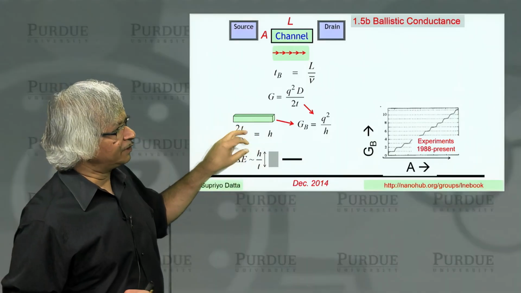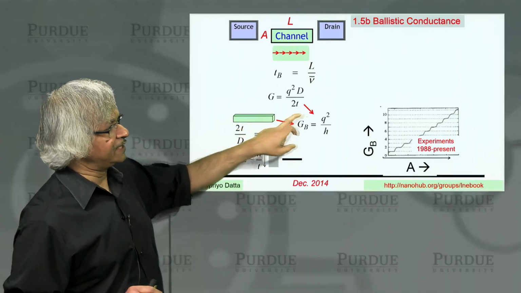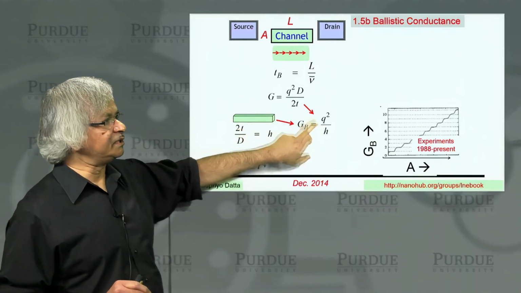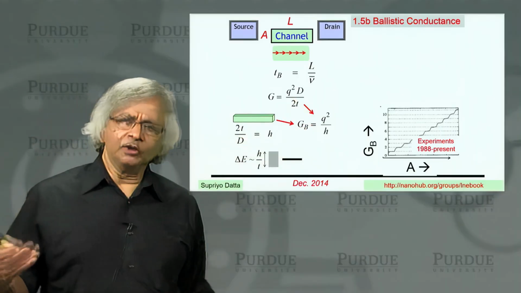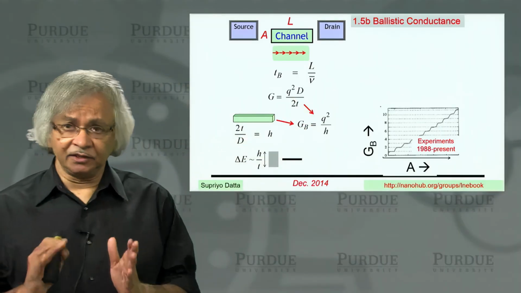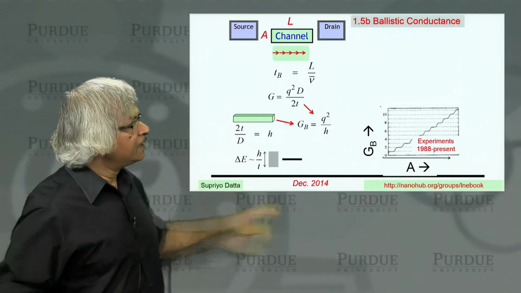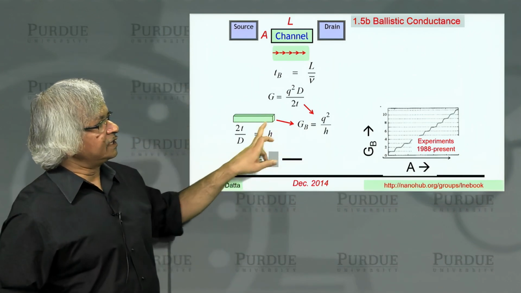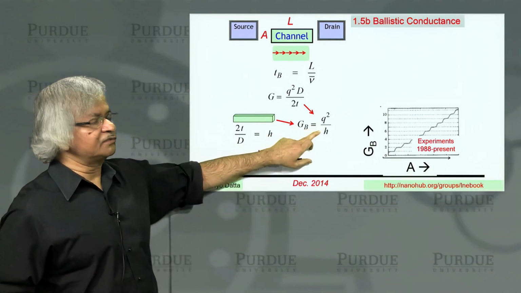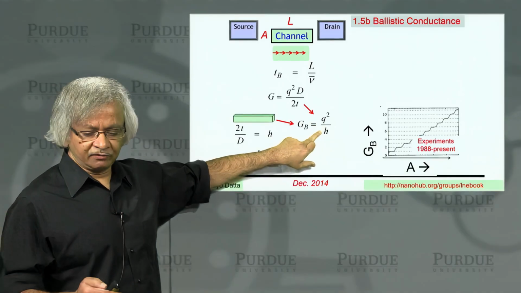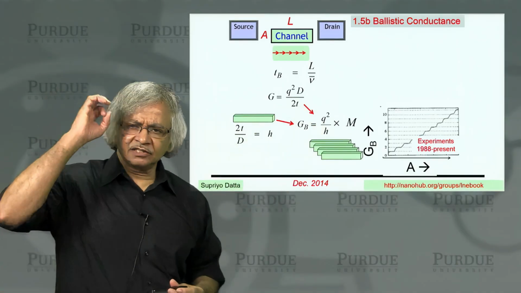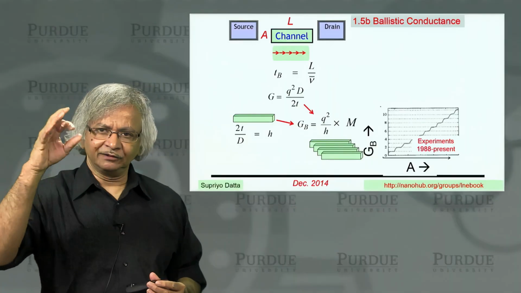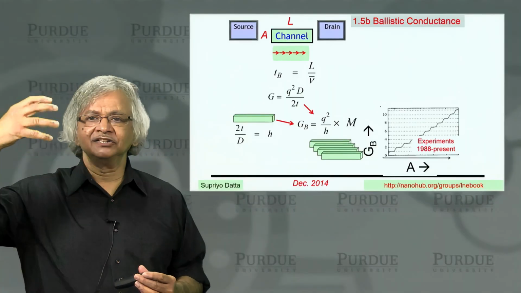And with this, you can then rationalize this ballistic conductance as being Q squared over H. And this is something we'll go into in more detail actually in the second unit, where we'll do it properly. But from this point of view, you see, one-dimensional conductor gives you a ballistic conductance of Q squared over H. And the real conductor you could view as lots of 1D conductors in parallel, what you could call the conducting channels.